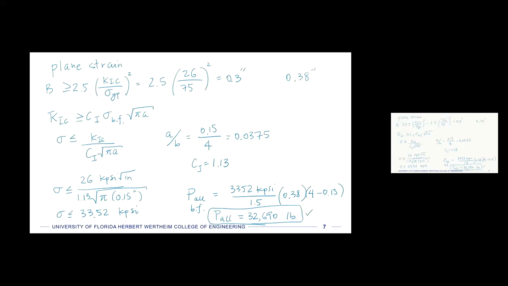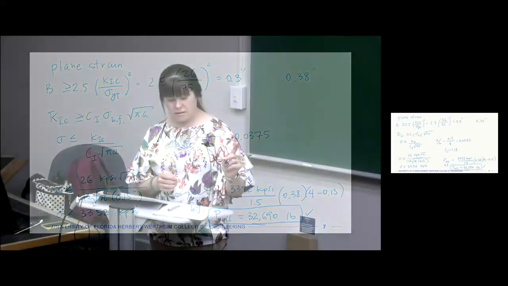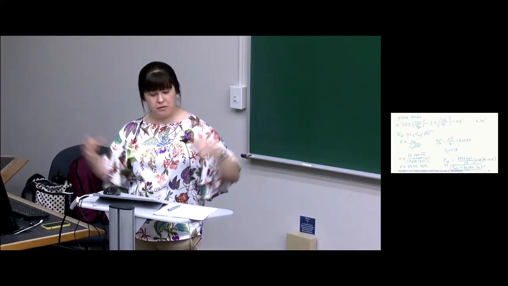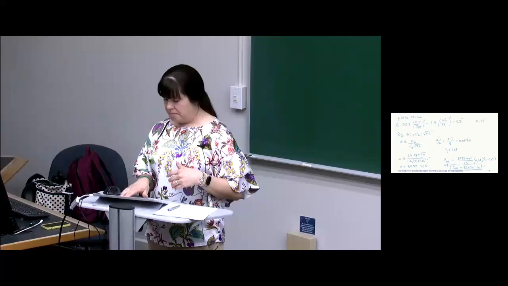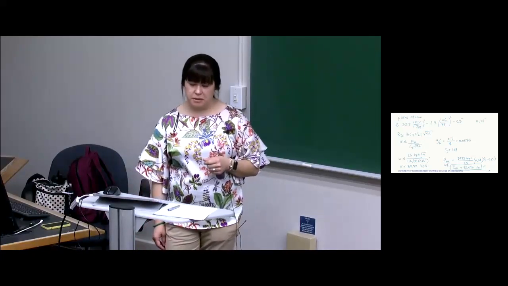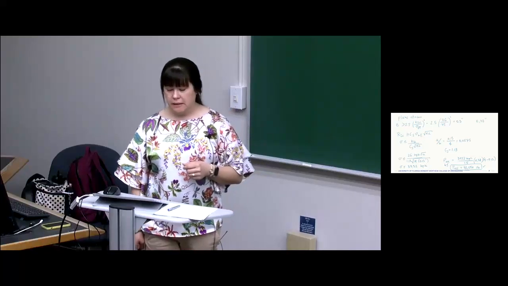So this was an example of how to predict whether this plate is going to fail and in what mode. Anything that has a defect in it now has two possible modes of failure: yielding, or an extension of yielding like the blowout of a full component such as a pressure chamber, and now, with a flaw, the possibility of brittle fracture.